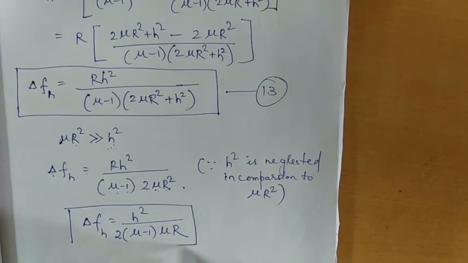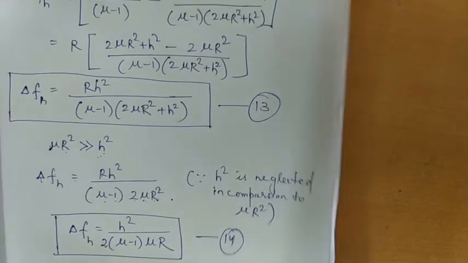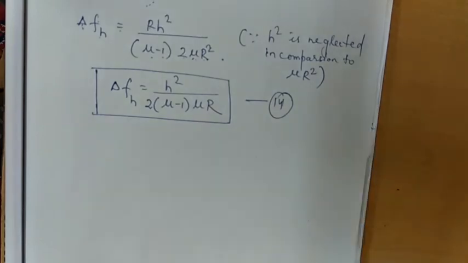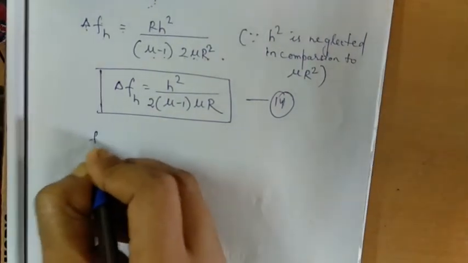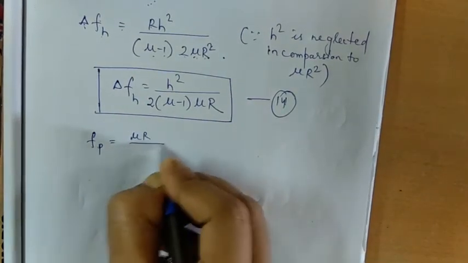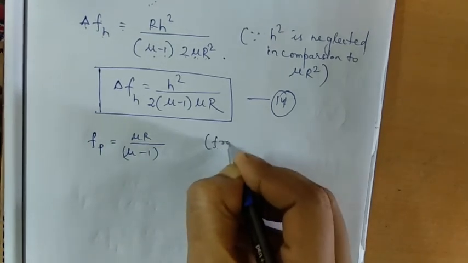So let's say this is my equation 14. Now I can replace this equation 14 in terms of f_p, that is the focal length for paraxial rays, as we know that f_p is equal to mu r divided by (mu minus 1). This we obtained from equation 6.